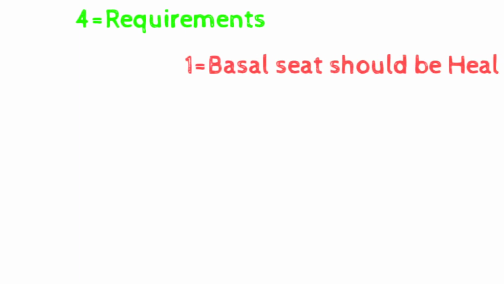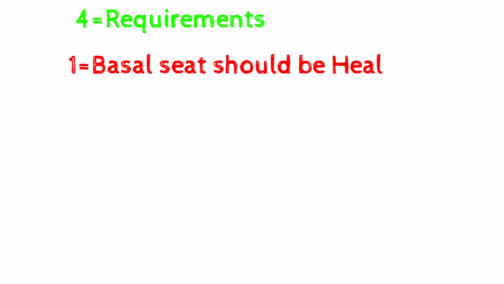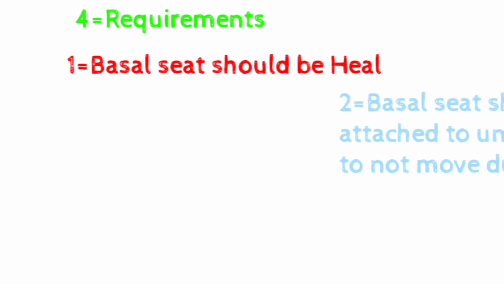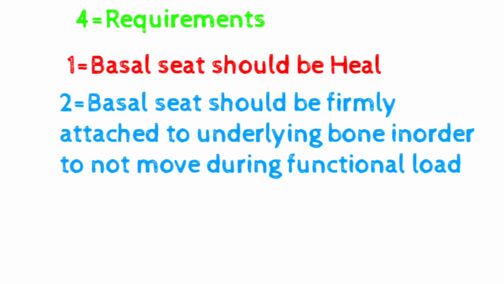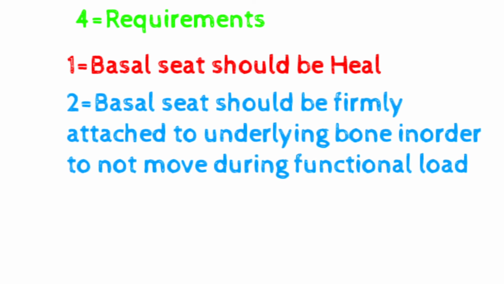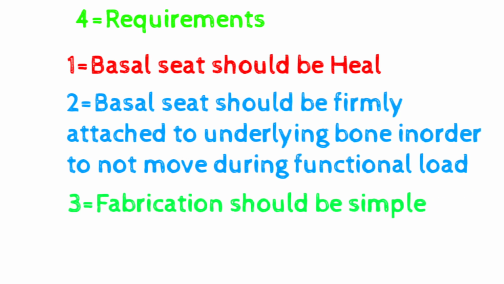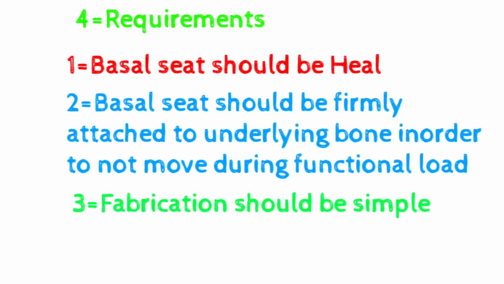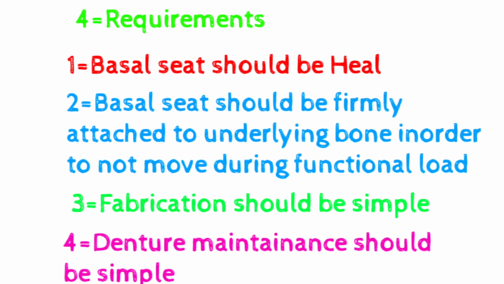First requirement for overdenture: the basal seat should be healed. The mucosa where the overdenture lands should be healed. Second, the basal seat should be firmly attached to the underlying bone so as not to move during functional load, meaning the mucosa should be firmly attached to the underlying bone. Third, fabrication of the overdenture should be simple, meaning construction.